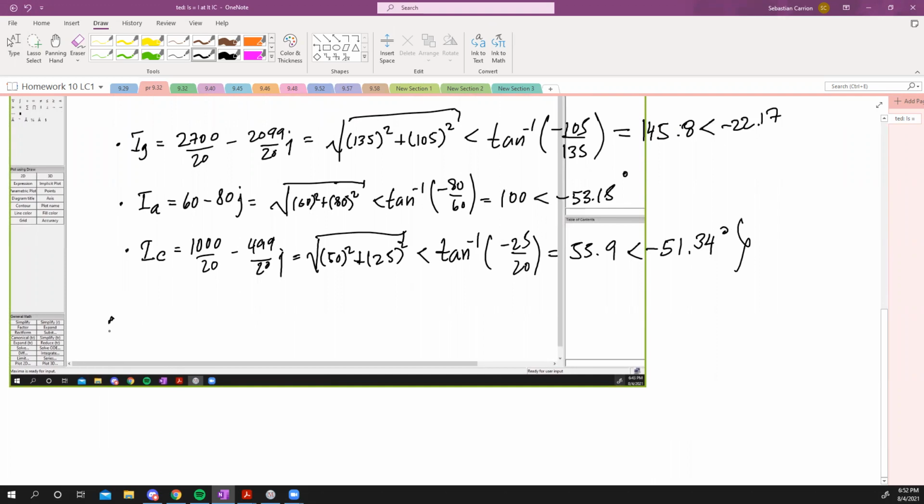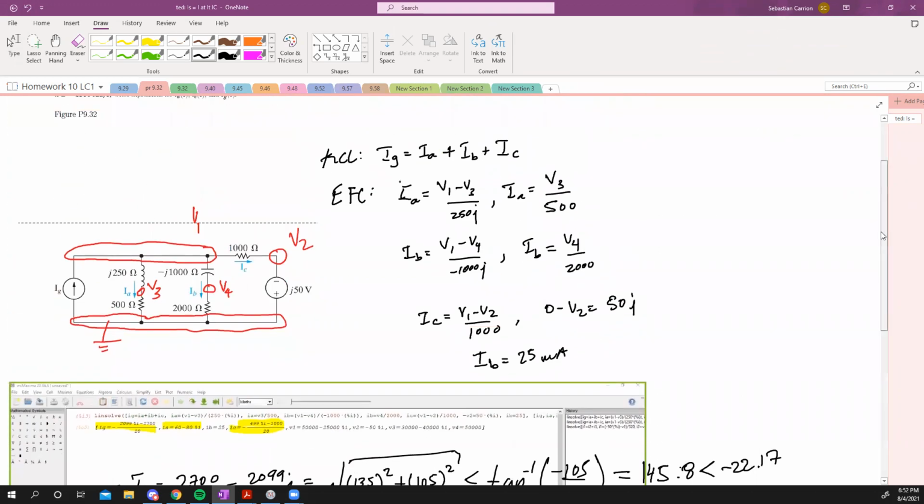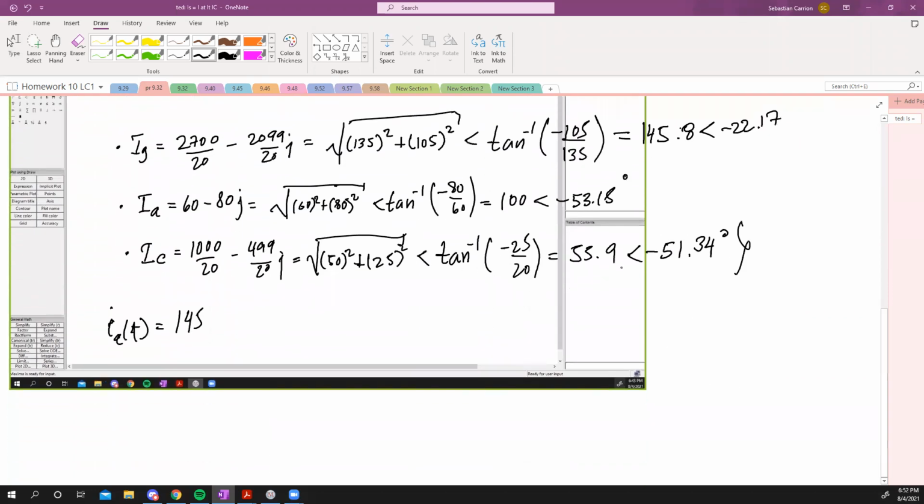But anyway, we want to put IA in the time domain. We know that the angular frequency is 1500.